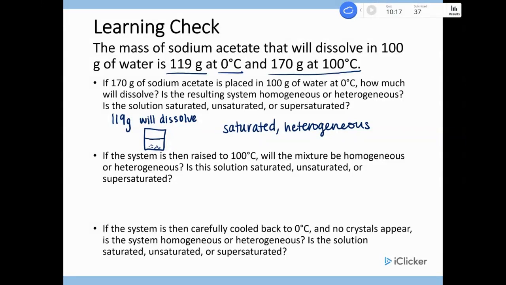So now at 100 degrees Celsius, all 170 grams can dissolve, and that's the maximum amount that can dissolve. So again, it's saturated. And all of it dissolves, so it's homogeneous. So it will look like this. No solid is visible. It's all dissolved in the liquid.